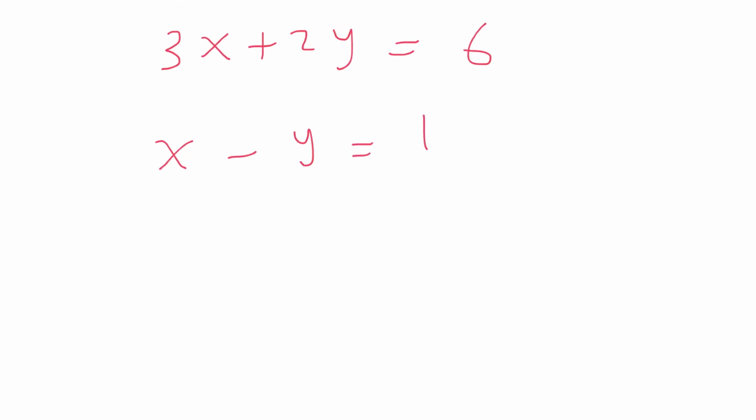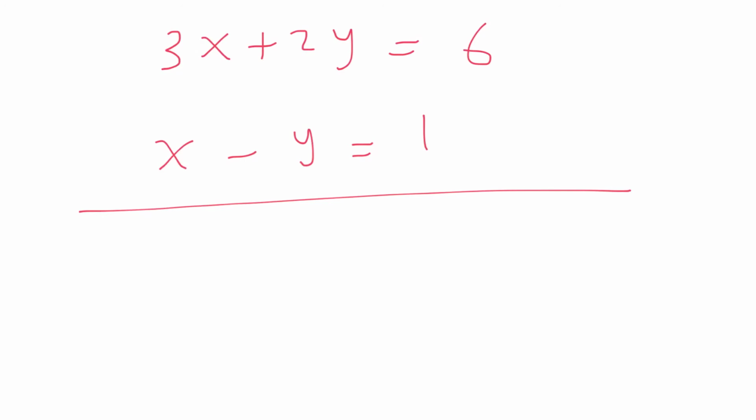In this case, if you add the two equations, what will happen? If you add 3x plus x, you get 4x, and if you add the y terms, you still have x and y. You didn't solve the problem. If you subtract, you still have the problem: 3x minus x is 2x, 2y minus y is 3y. So adding and subtracting will not help.